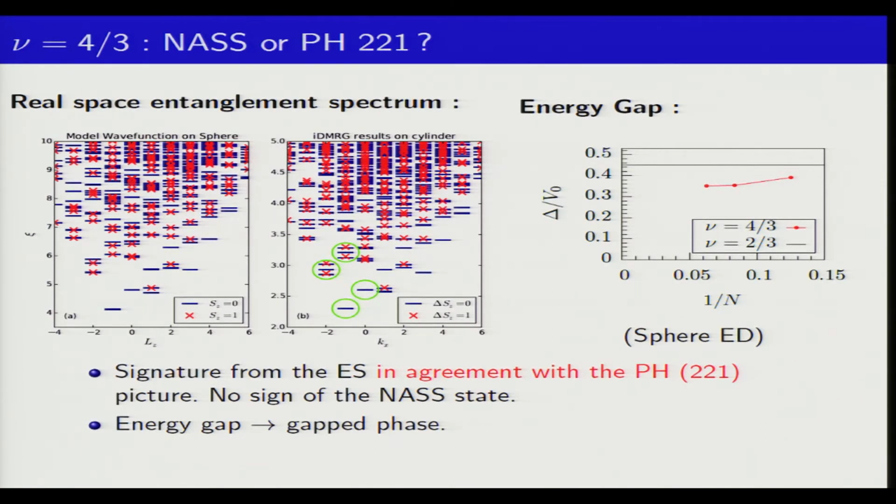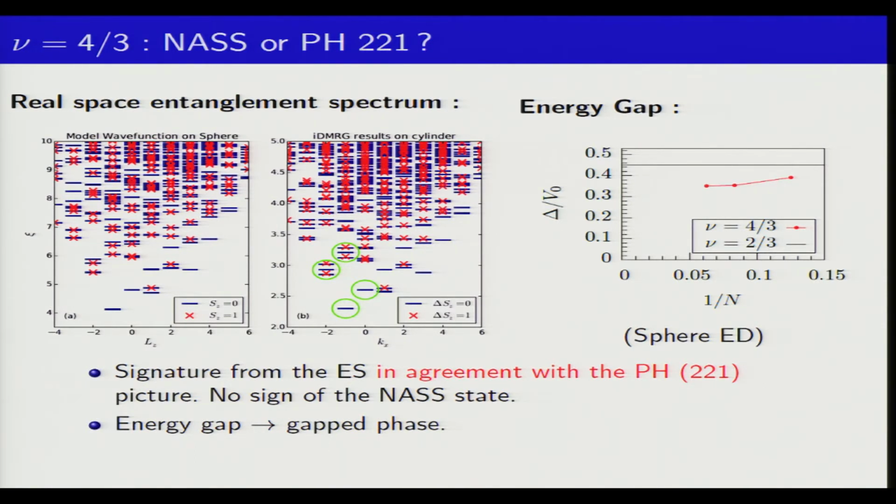Of course, you would also like to be sure that this is really a gapped phase. And this is where sometimes going back to exact diagonalization can be helpful. It's sometimes easier to extract the gap there. Of course, we don't have many points. Remember, that's an exponentially complex problem with the number of particles.